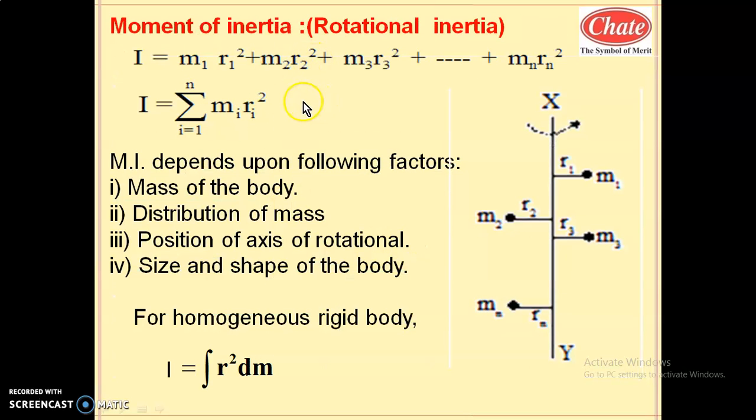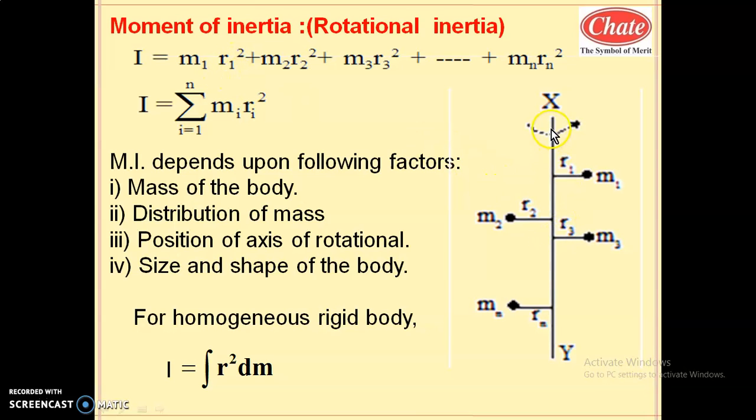Let us study now the moment of inertia, that is also called rotational inertia. The total moment of inertia of any system is calculated as the algebraic sum of the mass of each particle times the square of the perpendicular distance from the axis of rotation.